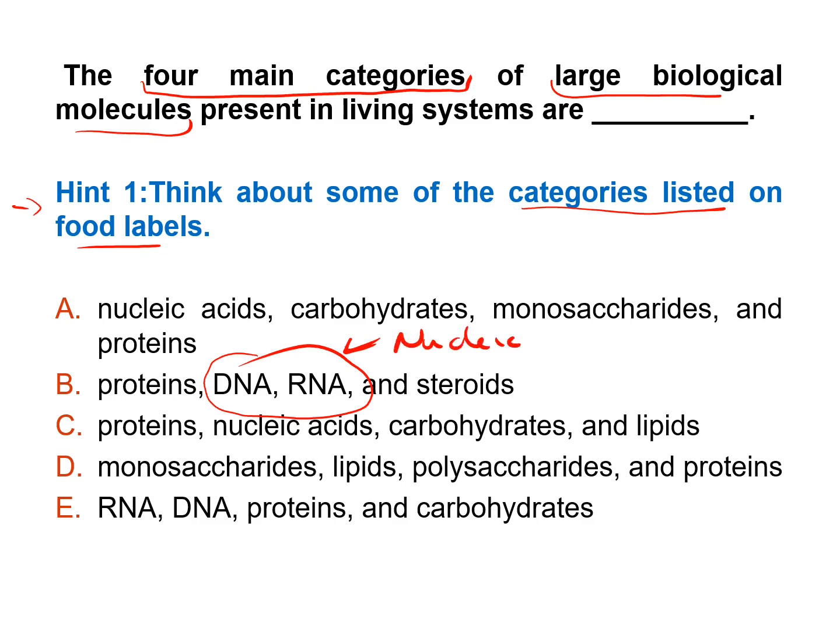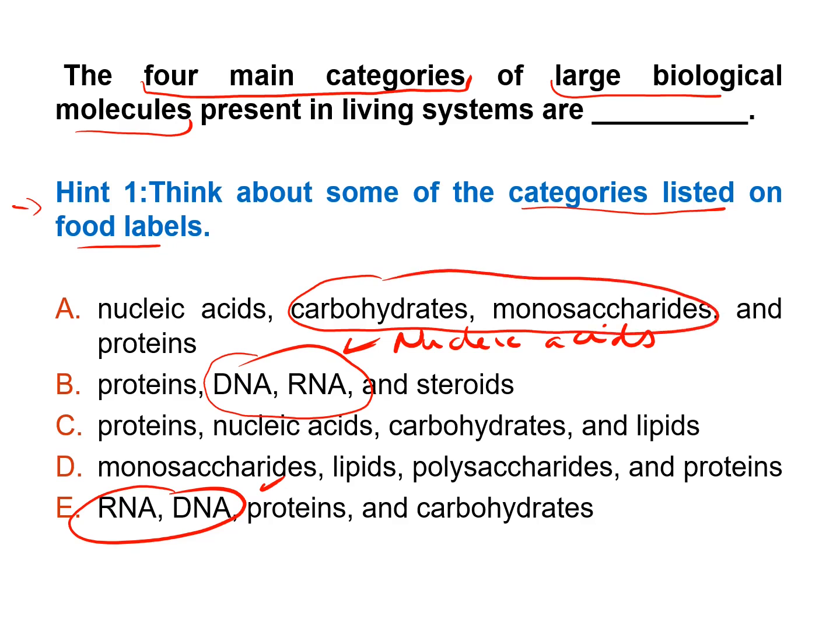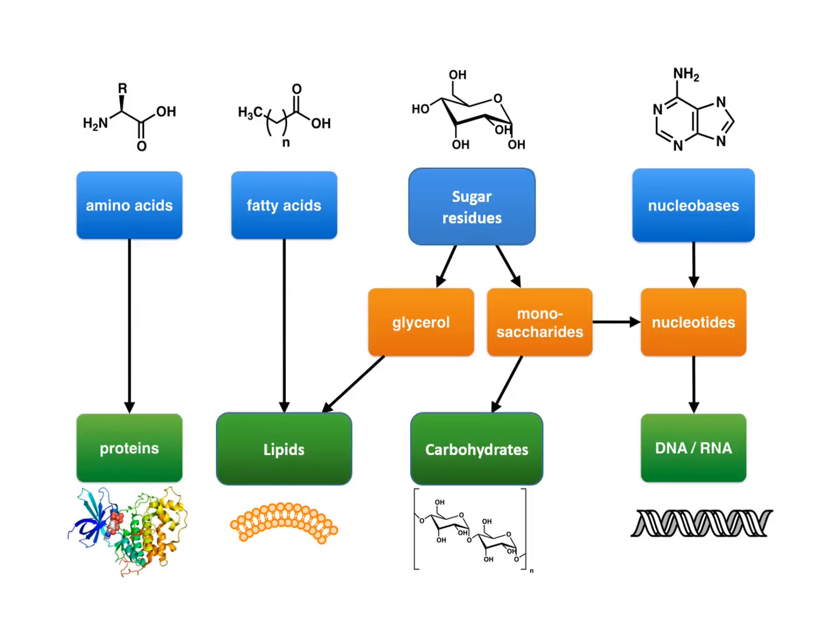So this option is incorrect. Here, this one will also be incorrect. So you have to check which one is correct and which one is not. So for example, you will already know that carbohydrate and monosaccharides are not correct. Monosaccharides are a type of carbohydrate, and if you do that, the answer will be relatively easy.